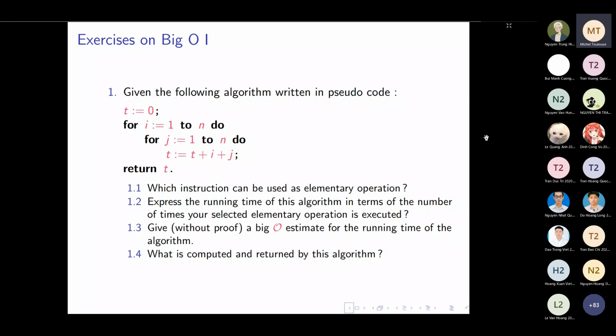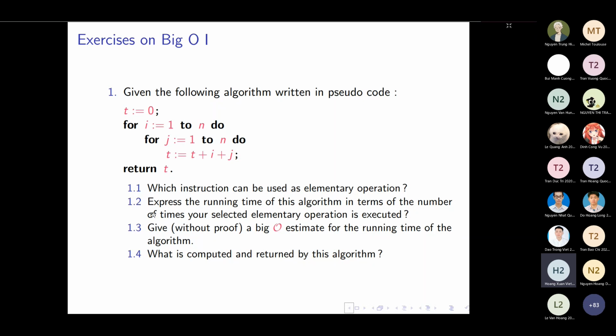Okay, that's good. So, does anyone have the answer for exercise 1.1? Which instruction can be used as elementary operation? Let me pick one. Hoàng Xuân Việt. I think we can use the innermost for loop.